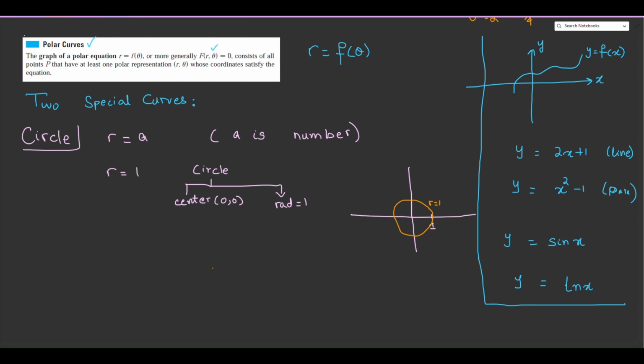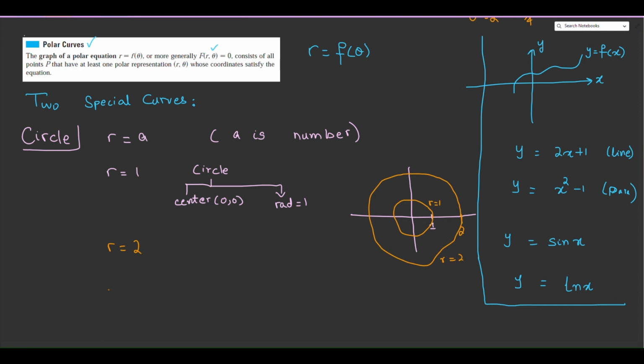Similarly, think about this, r equals 2. This is a circle of radius 2. Suppose that here we have 2. So this is our circle, r equals 2. This is the first special type of curve, r equals a, r equals some number.